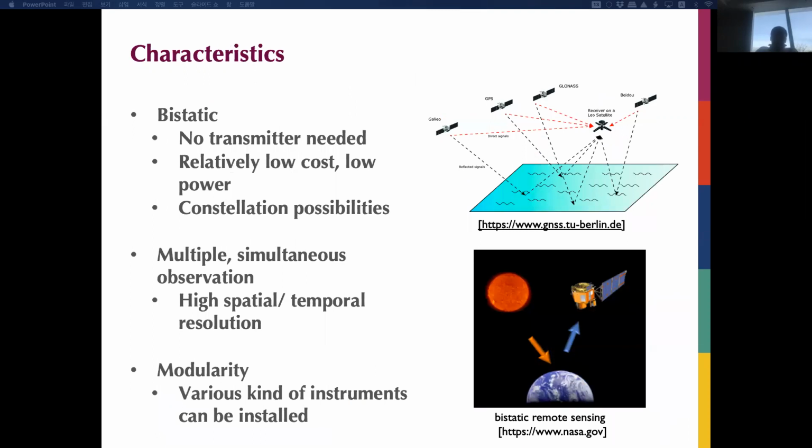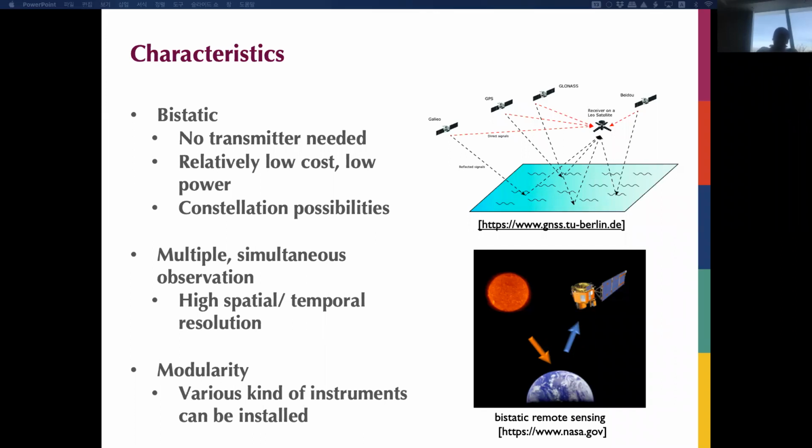And this is the characteristic and the advantage of GNSS reflectometry. Since we use the free signal from the GNSS satellite, we don't need any transmitting satellite.